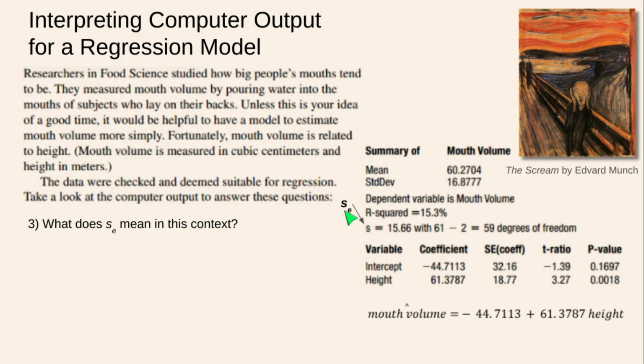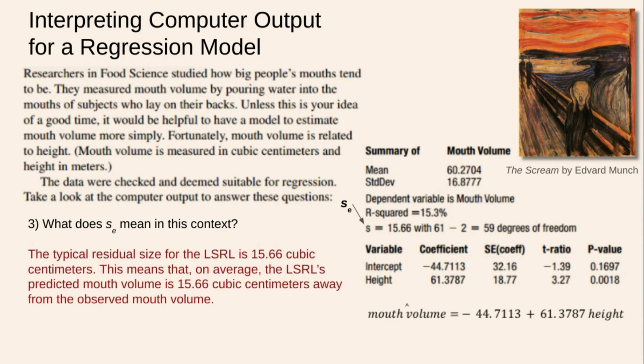The typical residual size for the least squares regression line is 15.66 cubic centimeters. Those are our units for mouth volume, which means on average, the least squares regression line's predicted mouth volume is 15.66 cubic centimeters away from the observed mouth volume, given the same height.